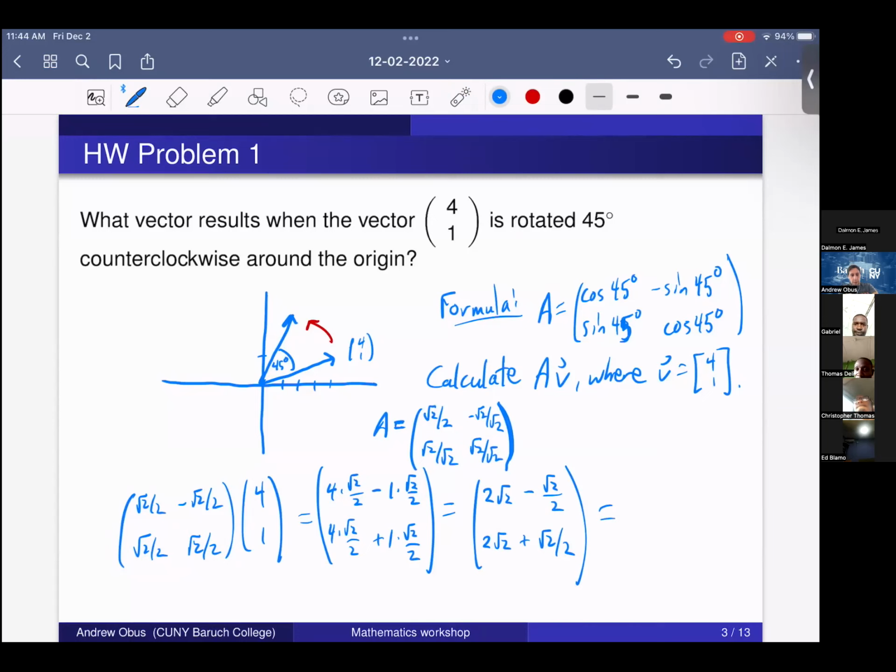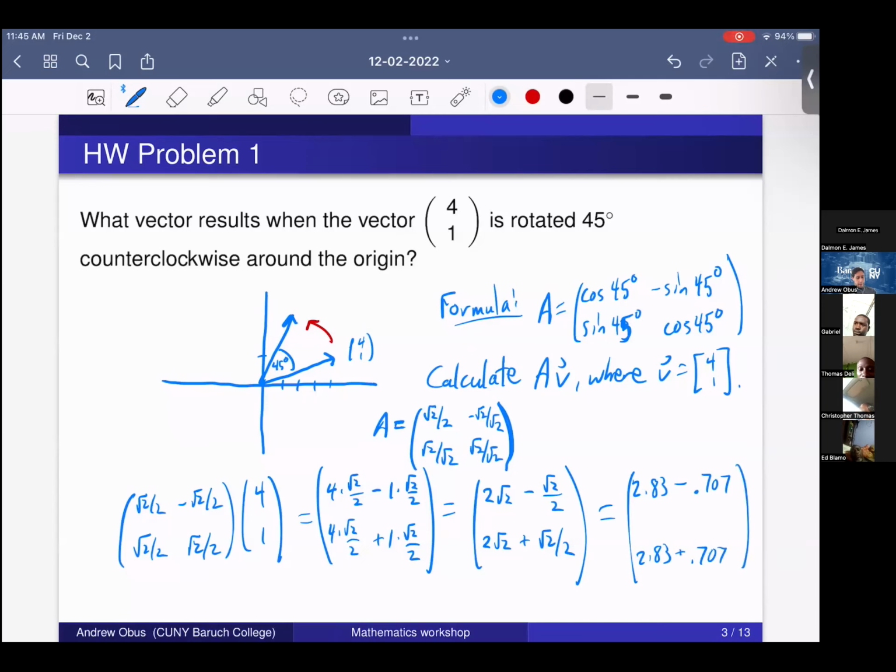I'll just do it on the calculator. 2 root 2 is 2.83, and this is 2.83, but then minus 0.707, and here we have plus 0.707.